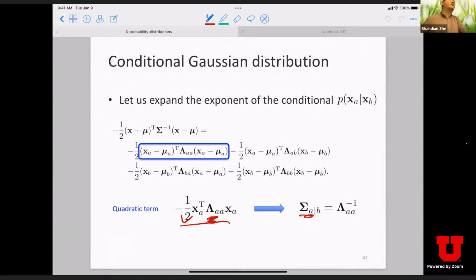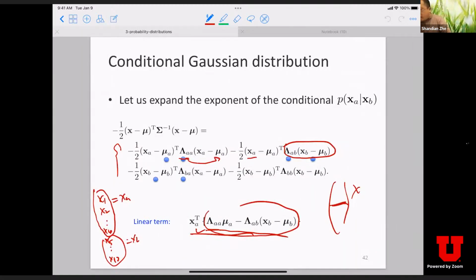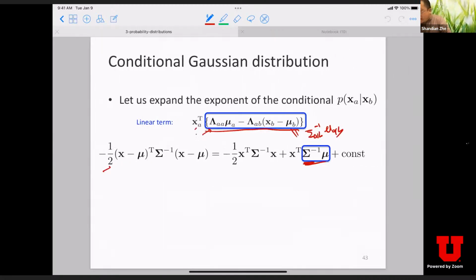How do we get mu? Okay, so we look at the linear term here. After we merge those terms, it's kind of a tedious job. We get that the linear term will be X_A transpose with this guy.